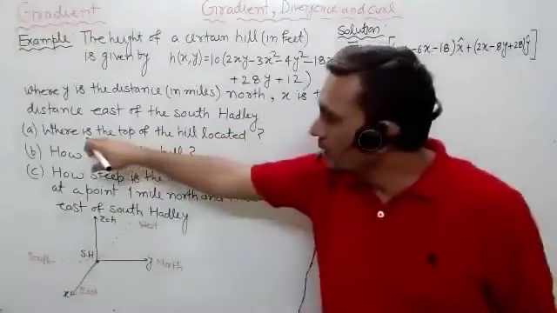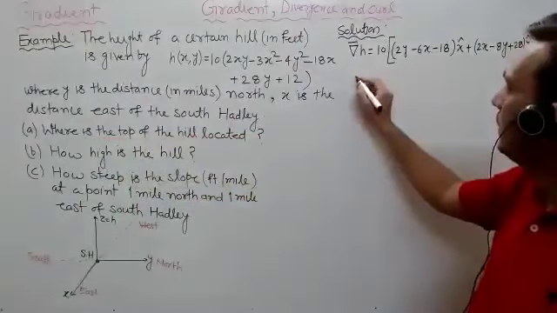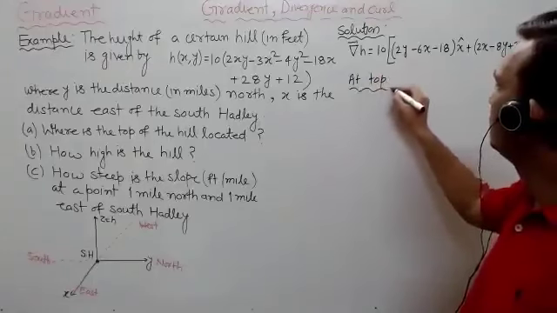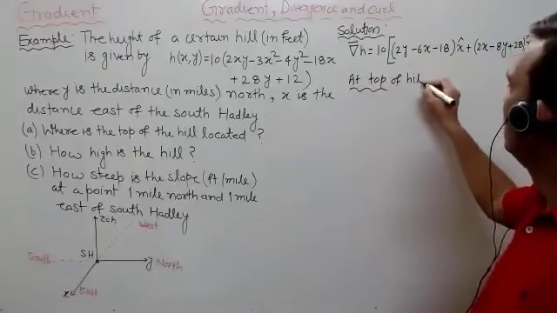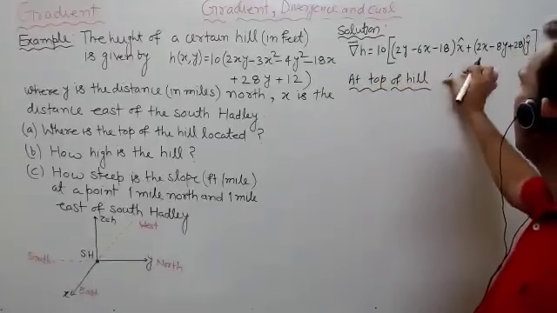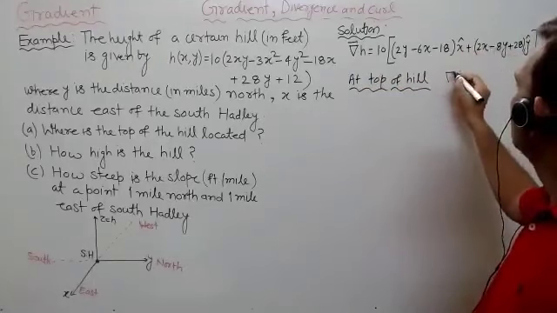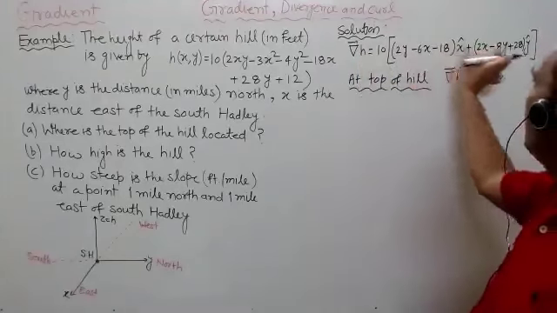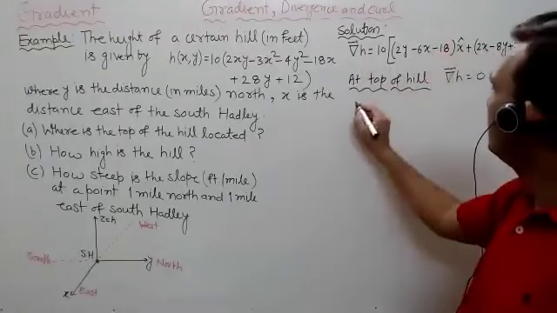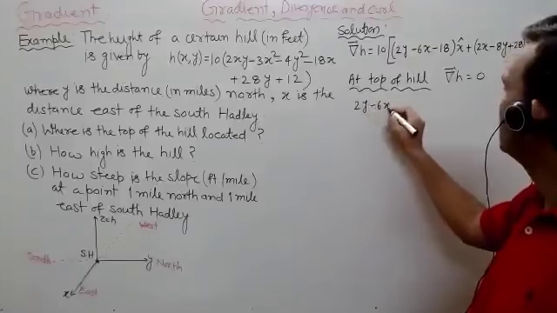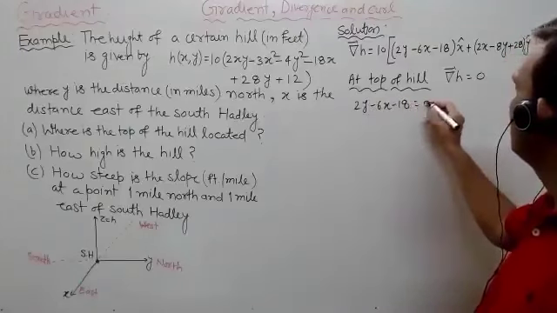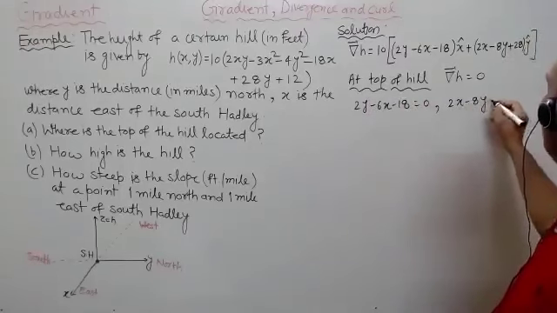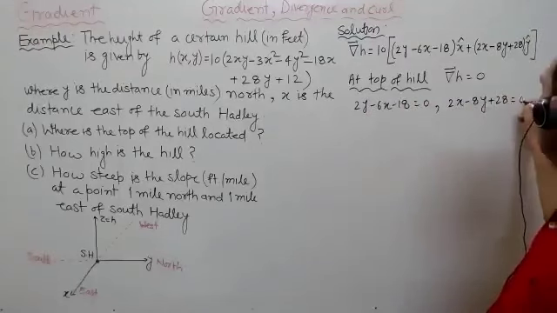And at the top of the hill, you have to put the gradient of h equal to 0. So if you put gradient h equal to 0 in component form, these terms will be 0: 2y - 6x - 18 will be 0, and the second equation will be 2x - 8y + 28 equal to 0.